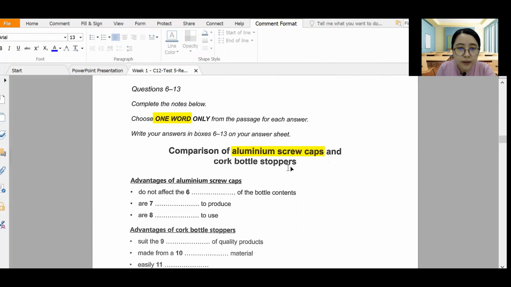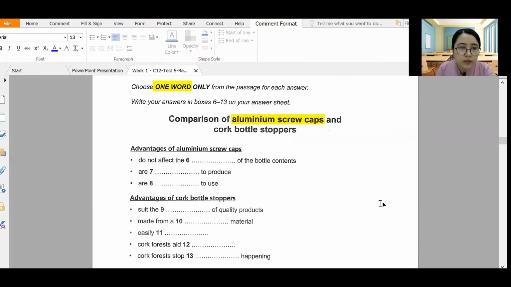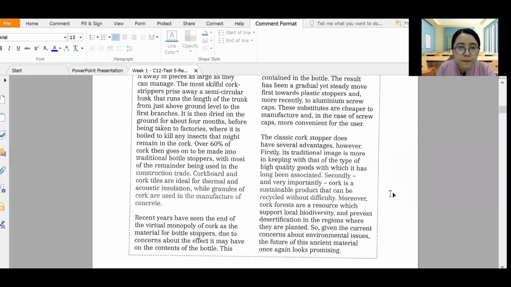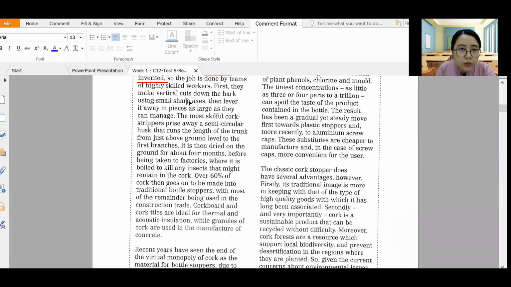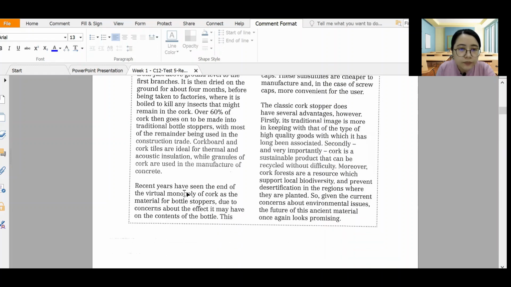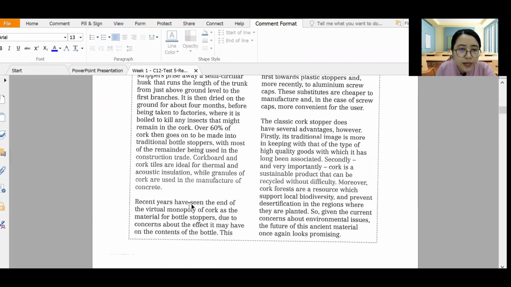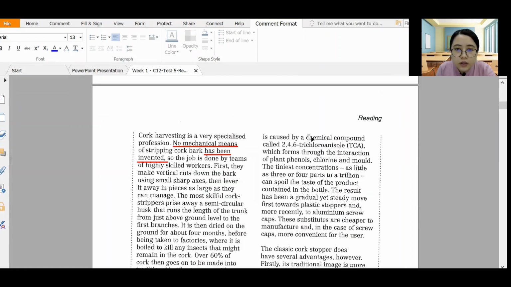Okay, now let's move on to questions 6 to 13. Aluminum screw caps and stoppers. Advantage. Let's look for the word aluminum. "Recent years has seen the end of virtual monopoly. Concern about the effect may have on the contents caused by chemicals from the tiniest.